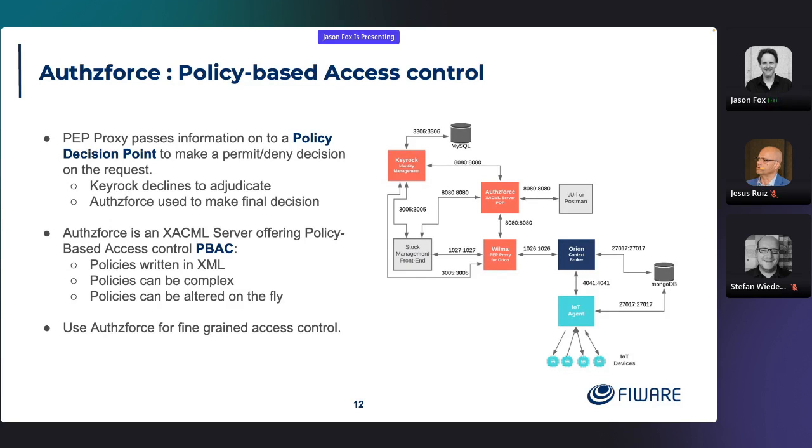Wilma, the PEP proxy, needs to get hold of the user from Keyrock, and then it needs to pass or delegate the decision making over to AuthZForce. Again, both Wilma and AuthZForce may need to connect to Keyrock before they go to the context broker. XACML rules can be very verbose, but they can be very fine grained.